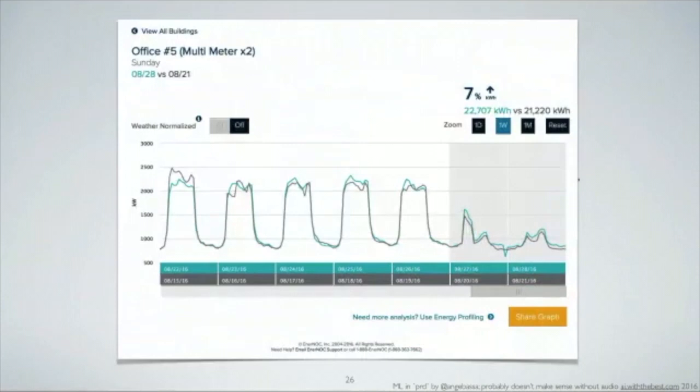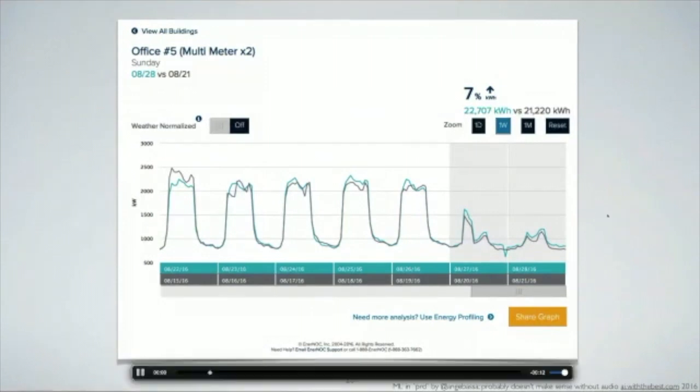If you had a login, if you were a customer and you went to look at your office building number 5 and your second multimeter, if you looked at a month ago versus the week before that, so August 28th versus the week of August 21st, this is what the data actually looks like.